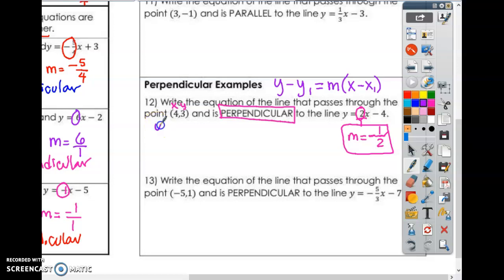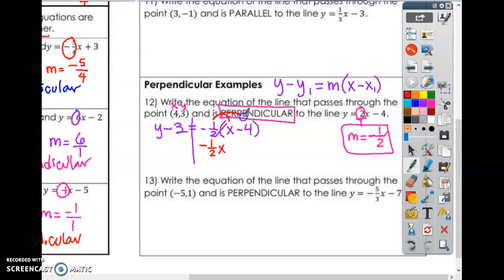Okay? So y minus my other y, which is 3, equals my m is negative 1/2. This is the slope that I'm looking for. Negative 1/2. Parentheses. X minus what? 4. Okay, so now we have to distribute. So negative 1/2 times x is negative 1/2 x.